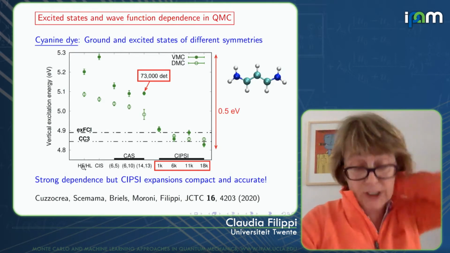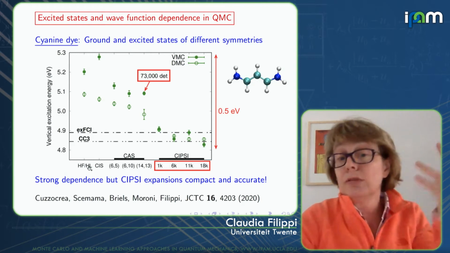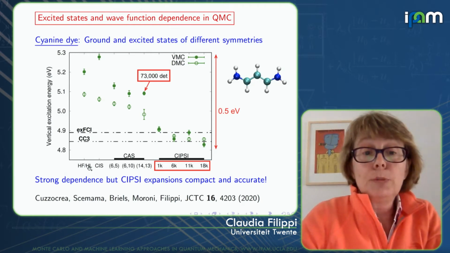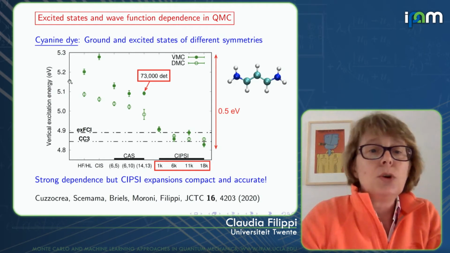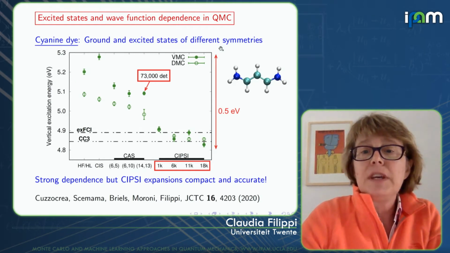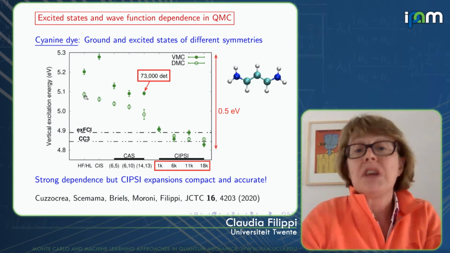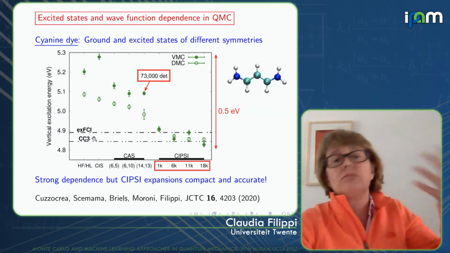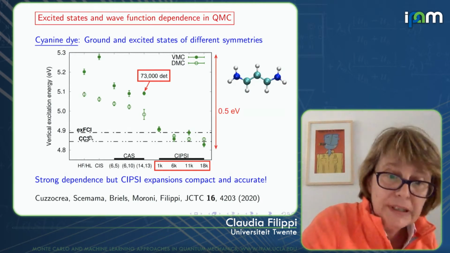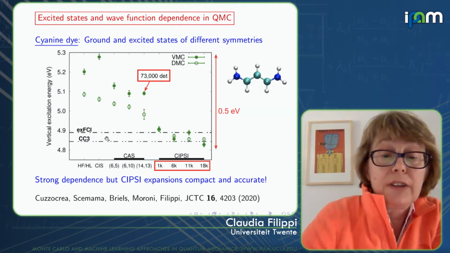In the same way that for the ground state people use a single determinant, I can use a HOMO-LUMO, for instance, two determinants for the excited state, and I'm up here at the variational level. The whole scale is 0.5 eV. So I'm up here at VMC, I do a diffusion Monte Carlo, it helps me a lot, but it doesn't bring me down to what is a reasonable, believed, relatively accurate estimate for this system.